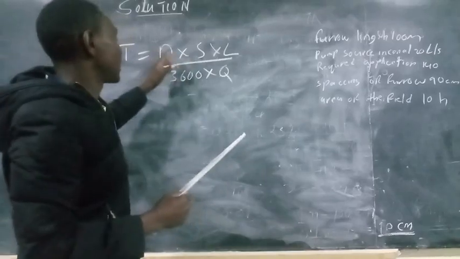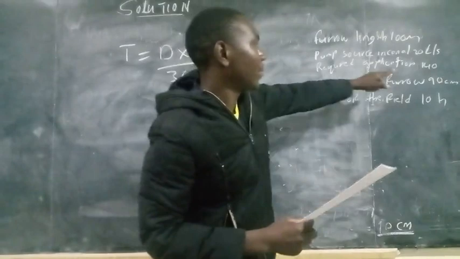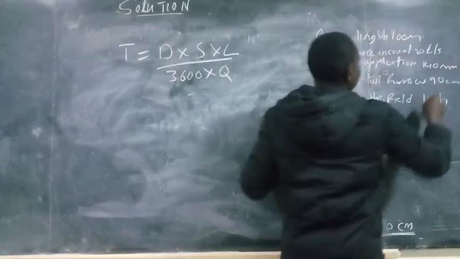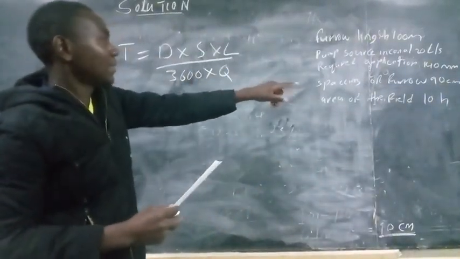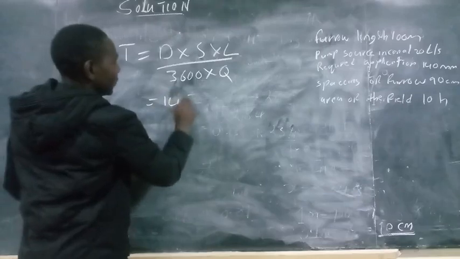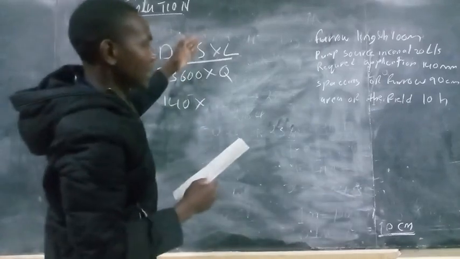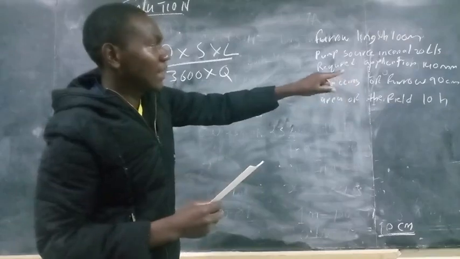Our D, which is the depth, is where it is saying required application, which is 140 millimeters. The depth is calculated in millimeters instead of centimeters or meters. So we are going to say 140 millimeters times the spacing. The spacing here is the spacing of the furrow, which is 90 centimeters.